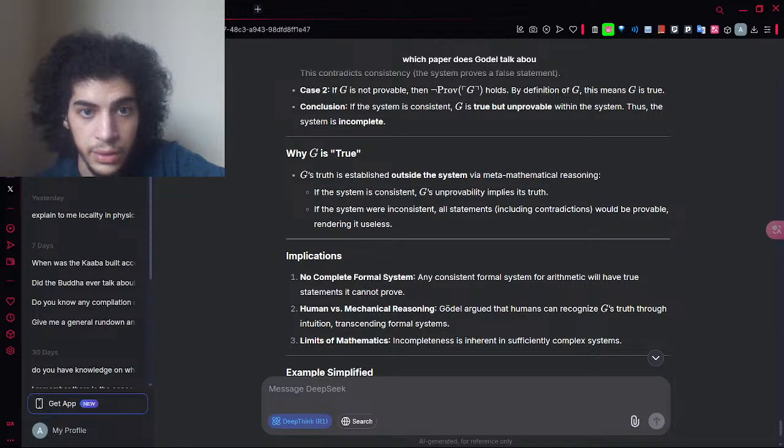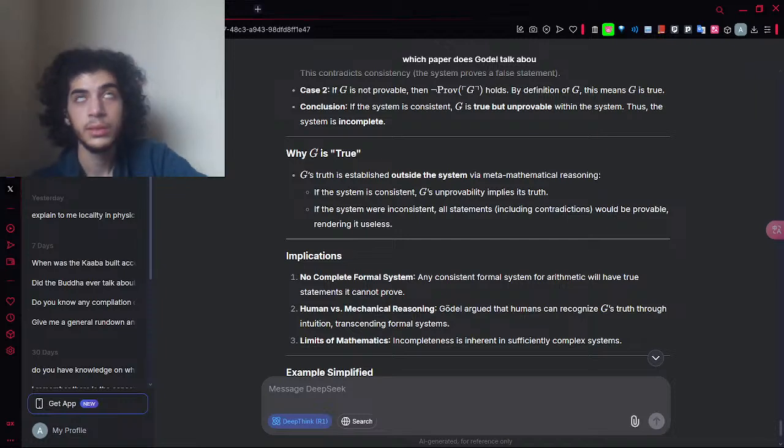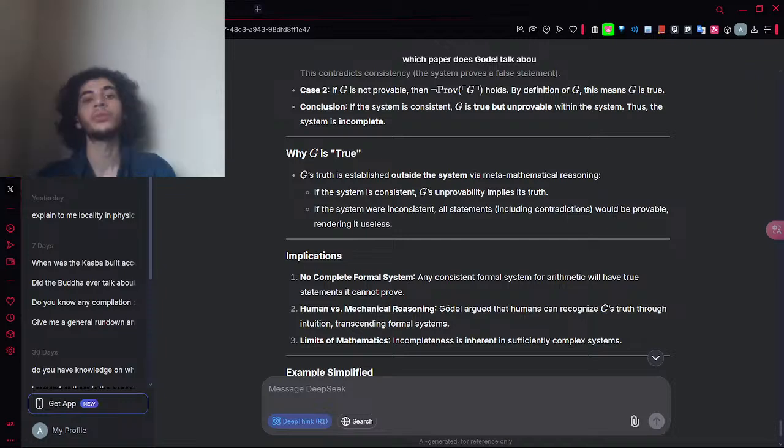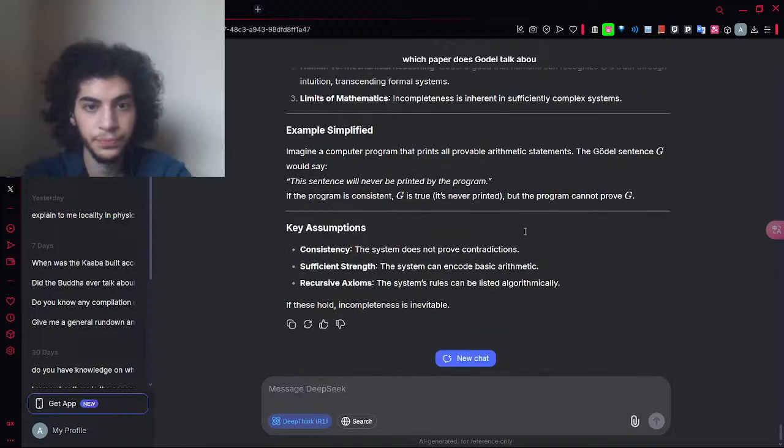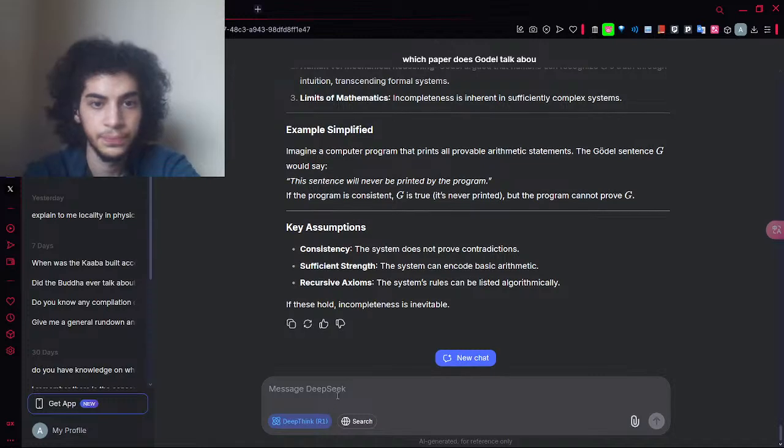If the system is consistent, G's unprovability implies its truth. Yes, but how do you know G is in the system? How do you know G as defined is in the system?